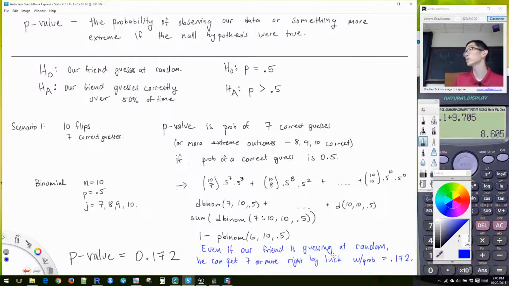So we are not convinced, because this probability is high, we are not convinced that his claim is true. Okay? Because the p-value, the probability, is high, we are not convinced that his claim is true.